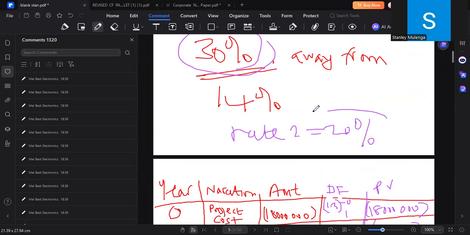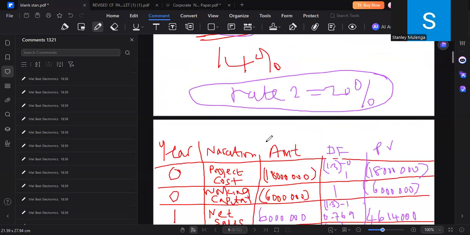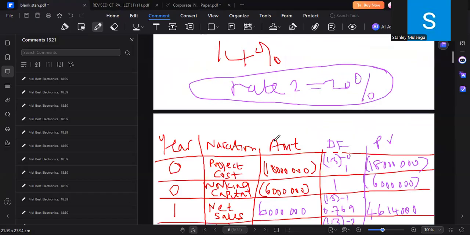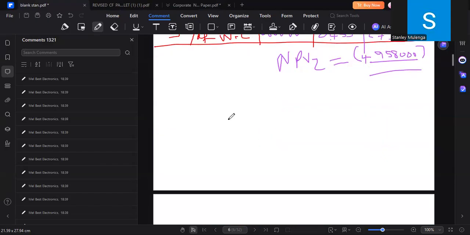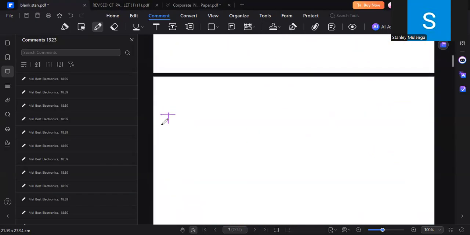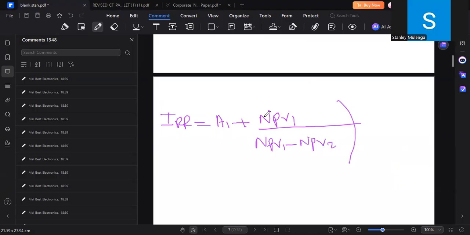the internal rate of return has a range. There's no one single number because somebody can use 30%, 35%, 40%. I'm sure you get what I mean, right? Yes, sir. So you'll give a range, and it should be within a certain range.